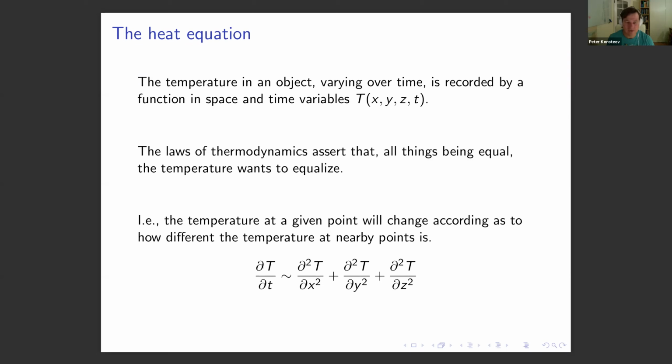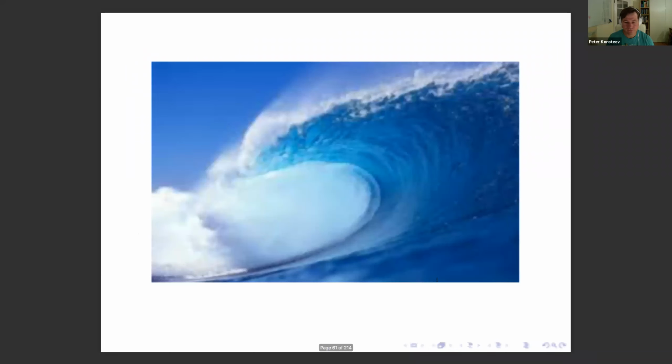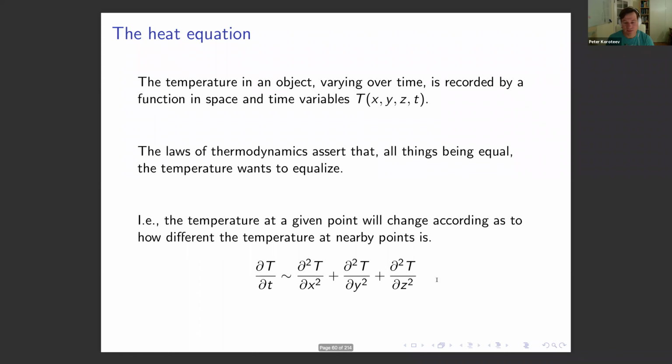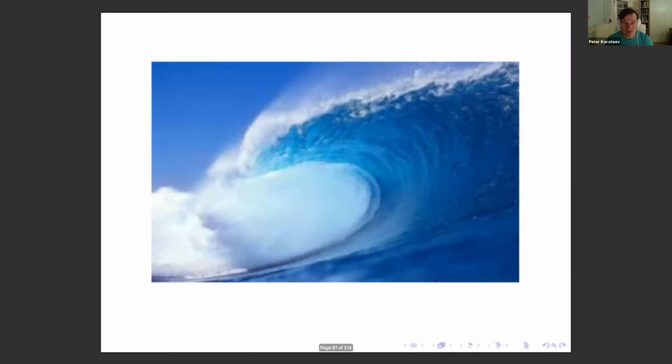So the partial derivative of T with respect to time is proportional to the sum of second derivatives of the temperature with respect to coordinates x, y, and z. We'll spend a significant amount of time discussing heat equations later. So far, let's just look at those examples.